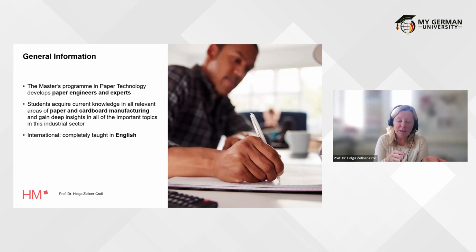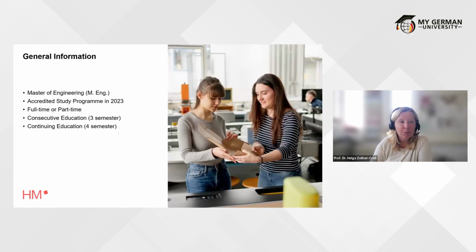With a continuing education program, anyone who has any kind of engineering degree or chemistry degree can start in our program, and they get an in-depth insight in the most important topics all around the industrial sector. Our master's is completely taught in English, and the requirement is a B2 level of English.